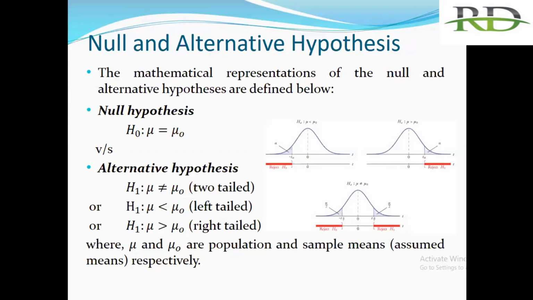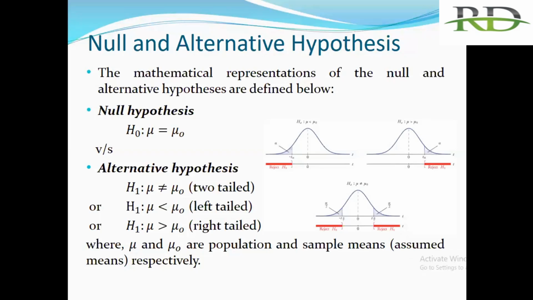When we are not sure whether the height would be greater than 155 or lesser than 155, then it is always advisable to go for a two-tailed alternative hypothesis.